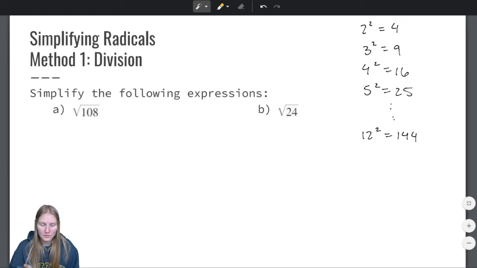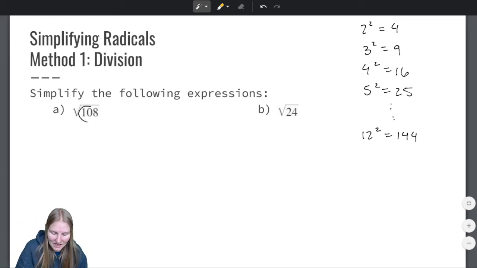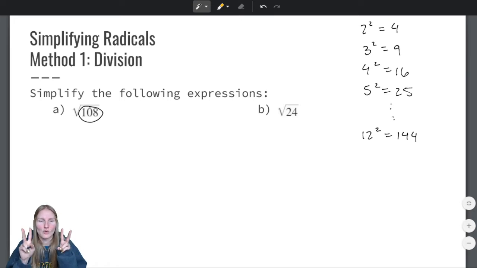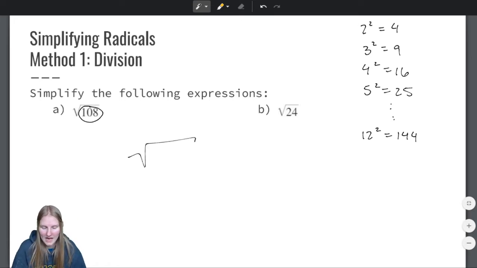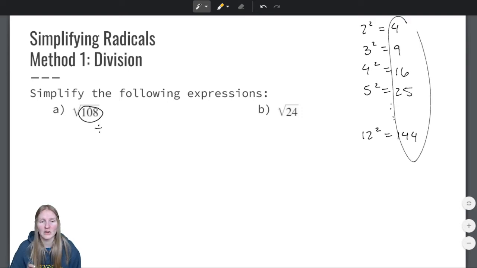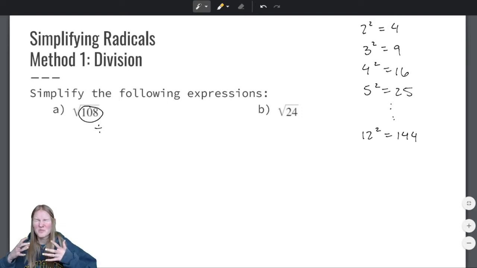So what we're going to do is take the number inside the radical. Remember that a square root, whether it's a square root, a cube root, an eighth root, this symbol is called a radical. So we're going to take the number inside of the radical and divide it by some perfect squares. We want the biggest perfect square we can find that fits into this.